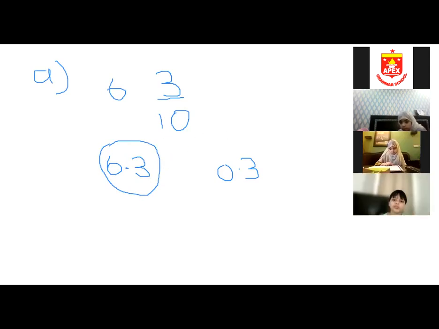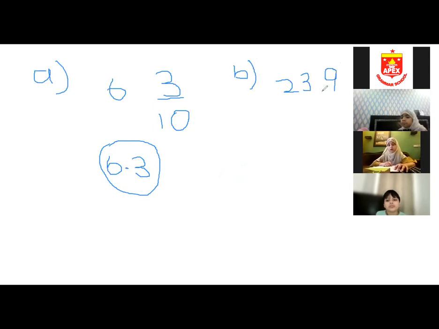The next one is B part that I will do for you. The B part is 23, a mixed number, and I have a fraction 9 by 10.